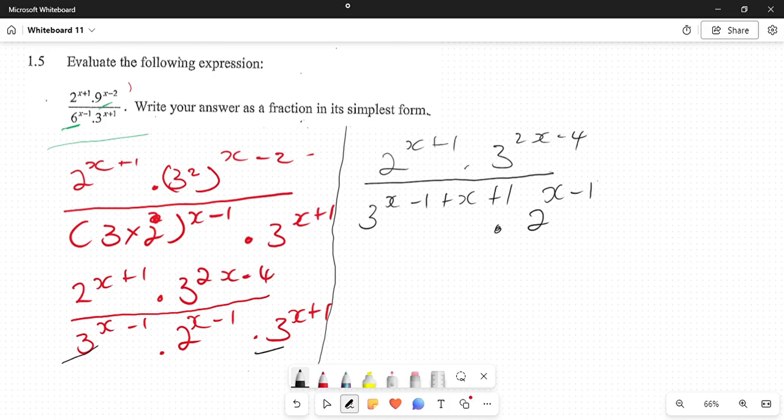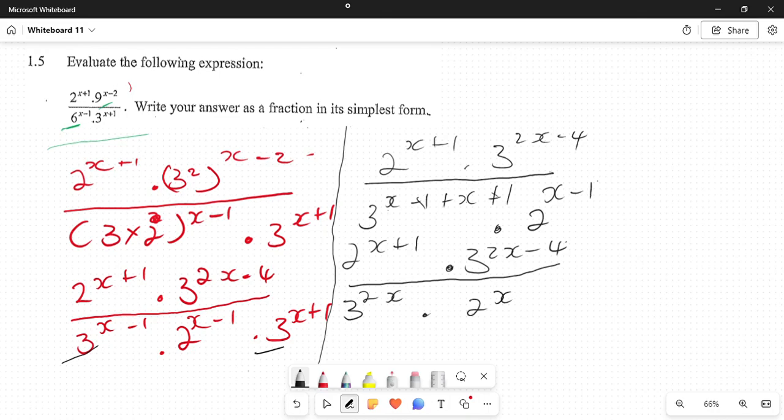After that it is going to be 2 to the power x plus 1 multiplied by 3 to the power 2x minus 4, all divided by minus 1 plus 1, which gives us 0. x plus x is 2x, which means it's 3 to the power 2x multiplied by 2 to the power x minus 1.